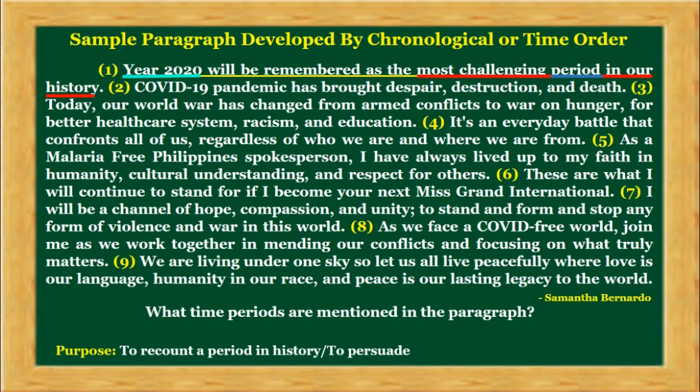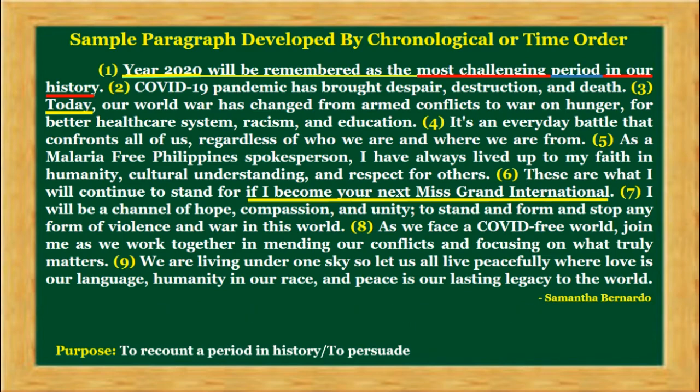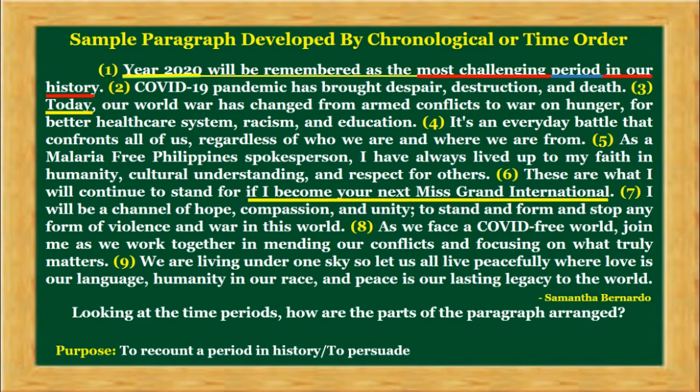What time periods are mentioned in the paragraph? There are 3 time periods mentioned in the paragraph. Number 1, year 2020. Number 2, today. And number 3, the coming days or the future, which is suggested by the clause, if I become your next Miss Grand International. Looking at the time periods, how are the parts of the paragraph arranged?